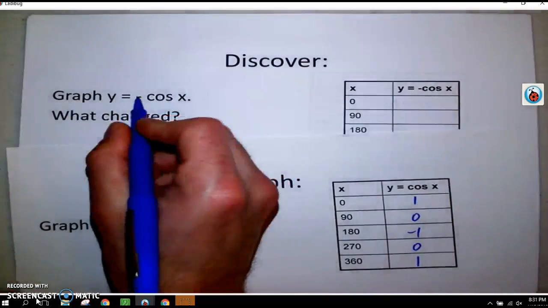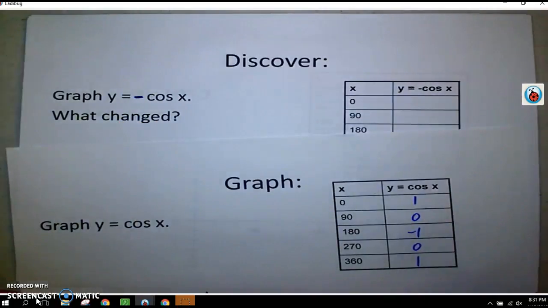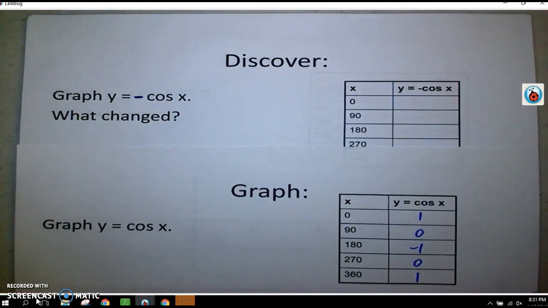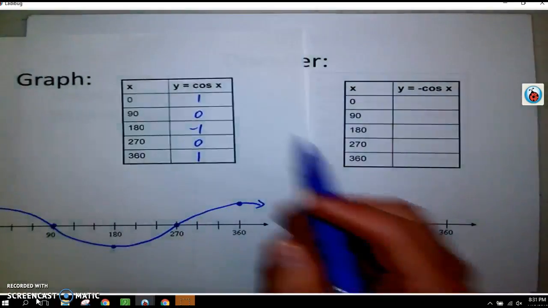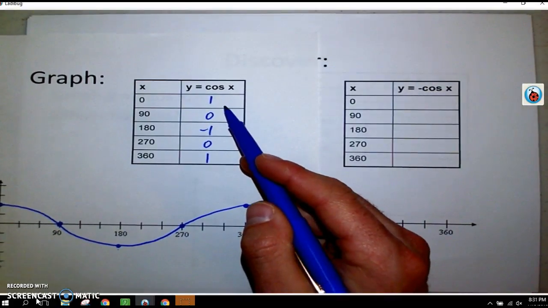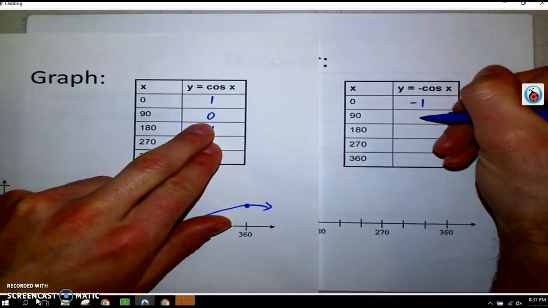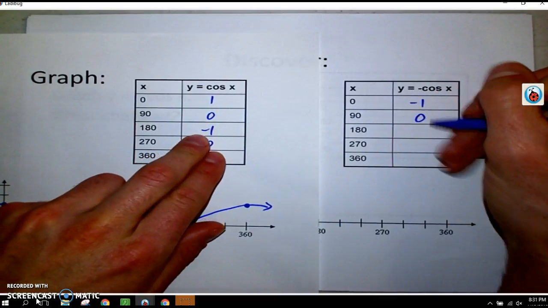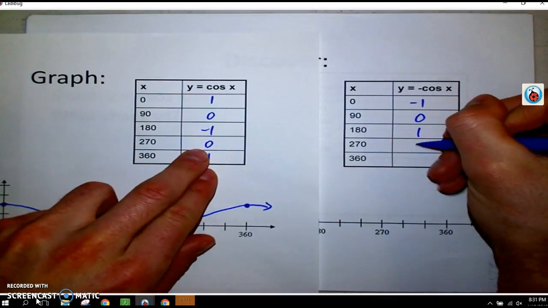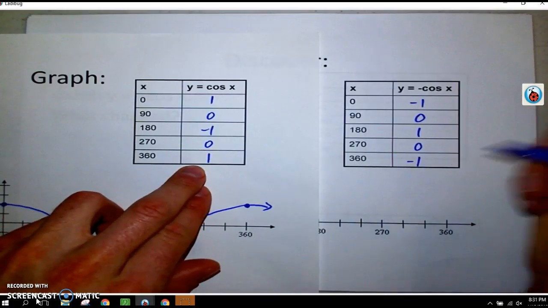What's going to happen here is that this negative is essentially going to flip or reflect the graph. So I'm going to take all of these values and just make them all negative. So this will be negative 1, negative 0 is still 0, positive 1, 0, and negative 1.